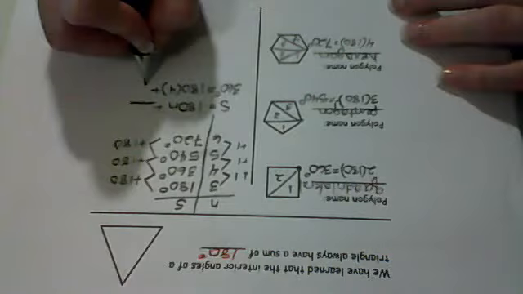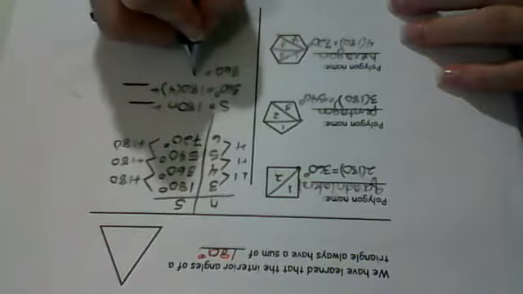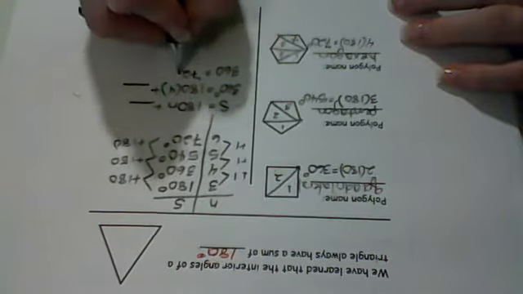So I'm going to use that to figure out what this number is. 180 times 4 is 720. And if I subtract 720 from each side, I get negative 360 as my y-intercept.